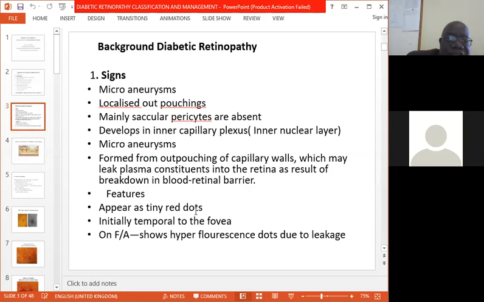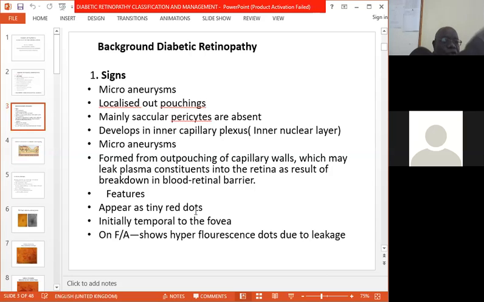Mainly, initially, these are temporal to the fovea. And on fluorescein angiography, these dots show hyperfluorescence due to leakage. What does that mean? Fluorescein is injected intravenously and it circulates through. So where there are outpouchings of a capillary, there is more staining because the blood is stationary there.